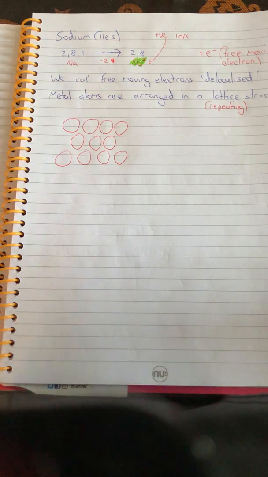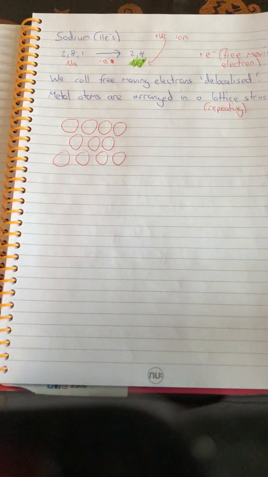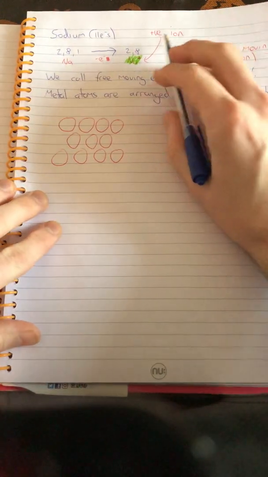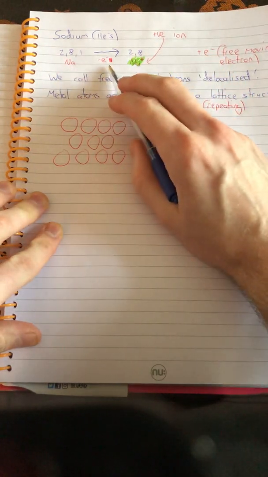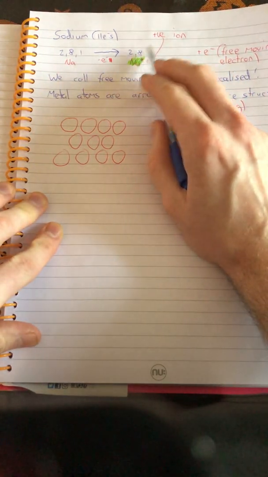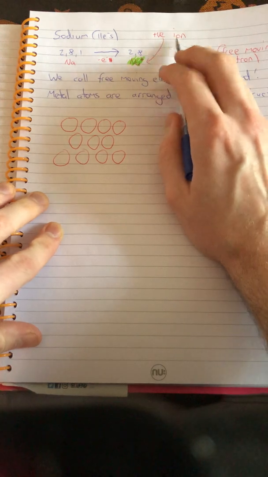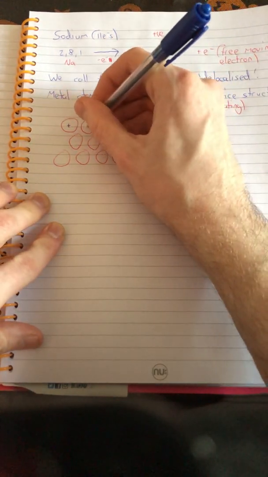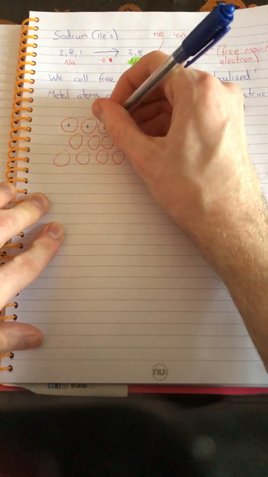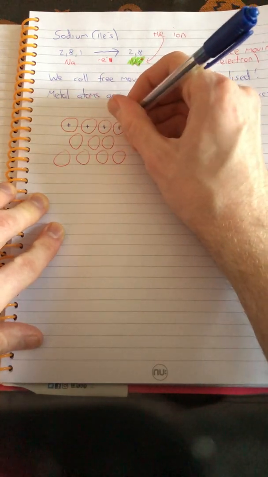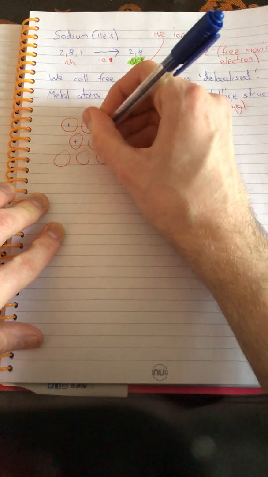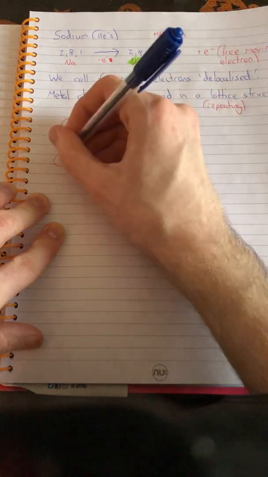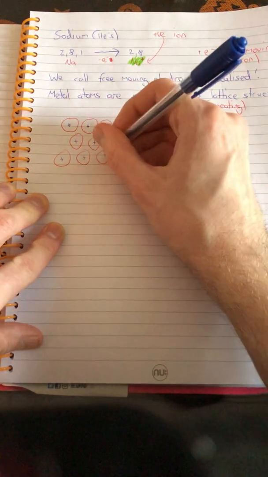Now, this is the hard part. This is where it starts to get a wee bit tricky. Now, because we've lost an electron, yeah, but we're now stable, but we've got a positive ion. So, because we've got a positive ion, at the centre of all these atoms, we've got to write a positive sign.